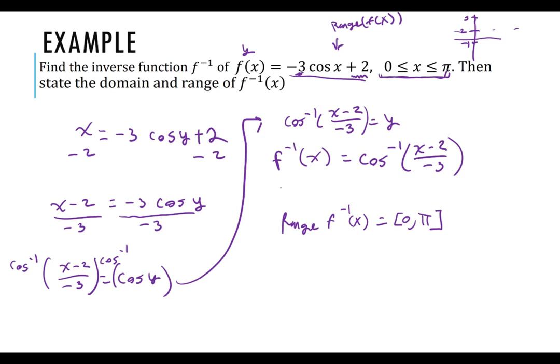And so I'm going to actually claim that the domain of f inverse of x has to be from negative 1 up to 5, strictly because we know that those are the outputs of negative 3 cosine of x plus 2. And so any of these others, just realize that if you think about what the range of the initial function is, that's exactly what your domain is going to be of the inverse function.